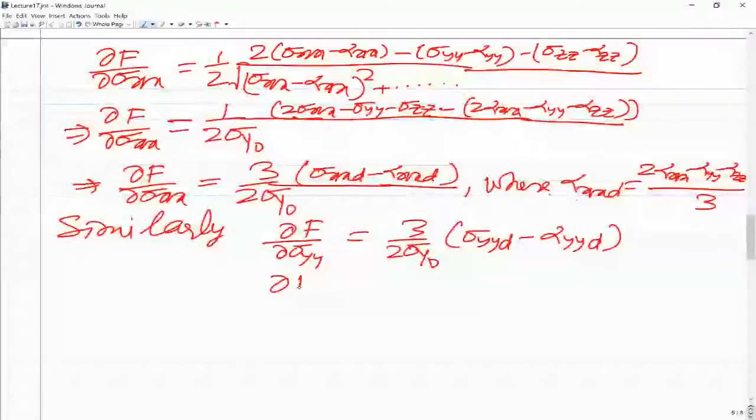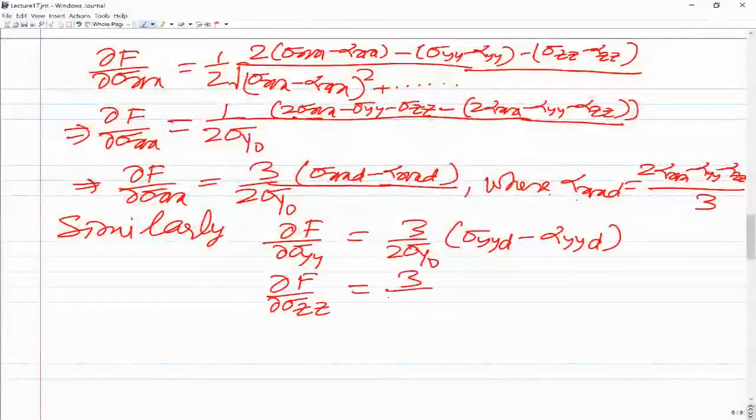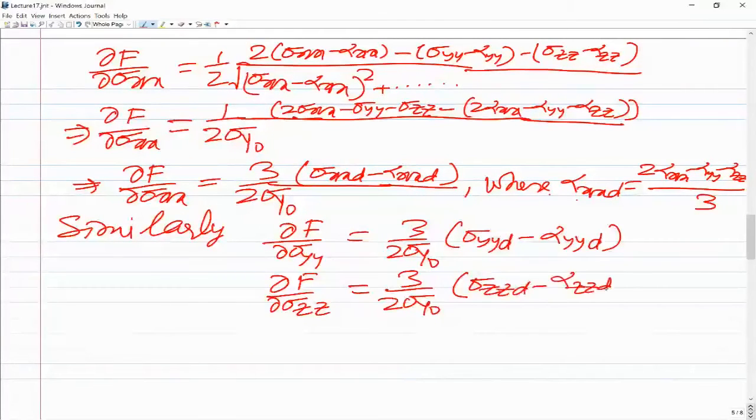And similarly we'll have del f by del sigma zz as 3 upon 2 sigma y naught into sigma zzd minus alpha zzd. You can similarly define alpha yyd and alpha zzd the way alpha xxd is defined.